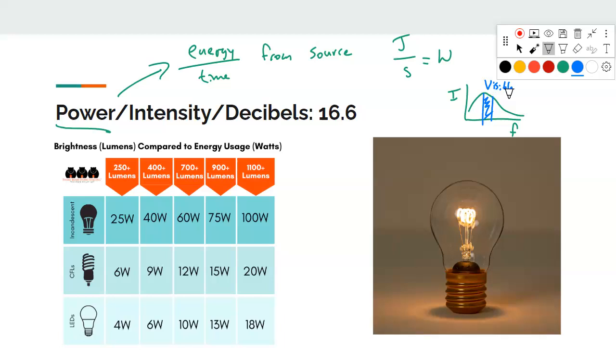But we also care about how bright the light bulb is. And when we only had one type of light bulb, so back in the olden days, the only type of light bulb was the incandescent bulb, which basically works by heating up a very thin wire, very, very hot, which causes it to emit like a black body and create this curve we see here, where most of the energy isn't visible.